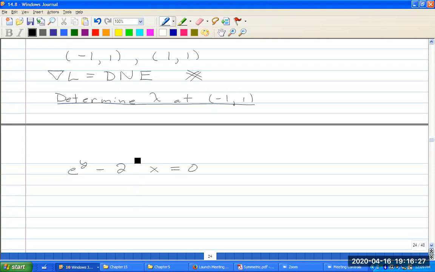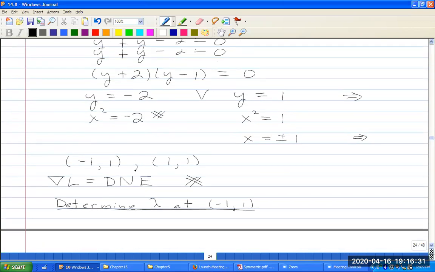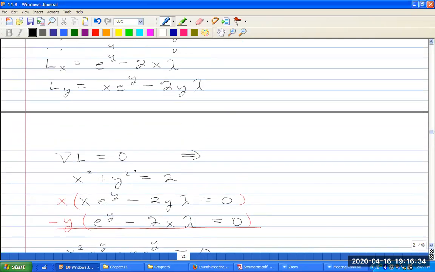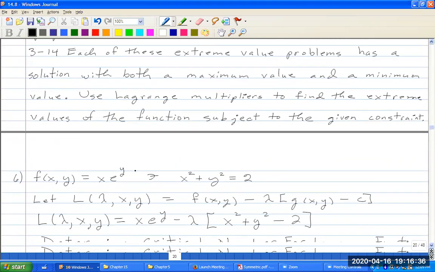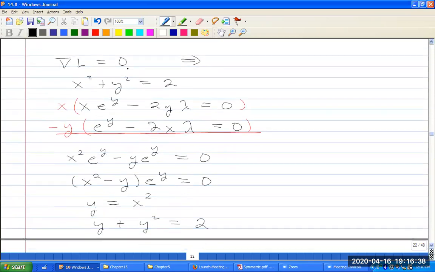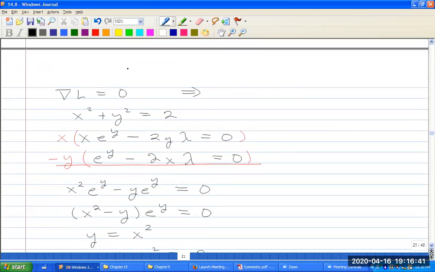That's one of the equations that we had. There it is right there. That's the first equation here that you saw going by really fast.